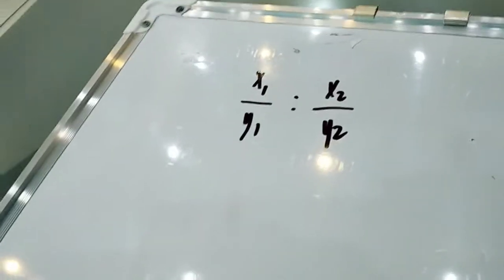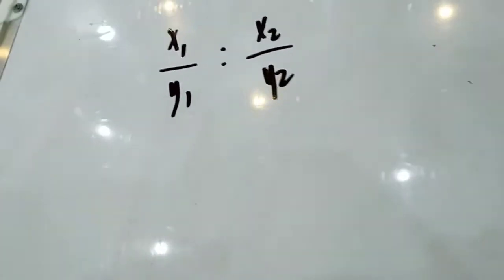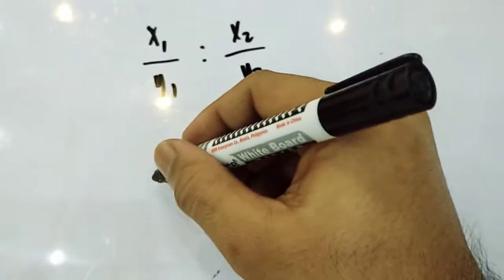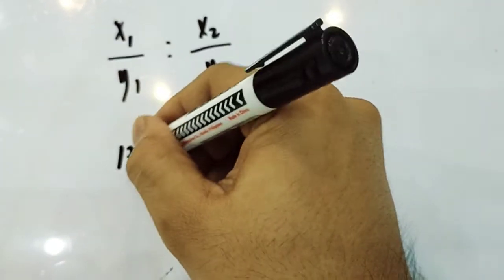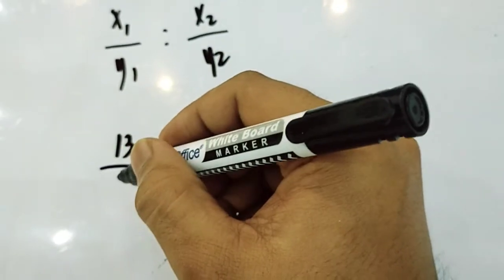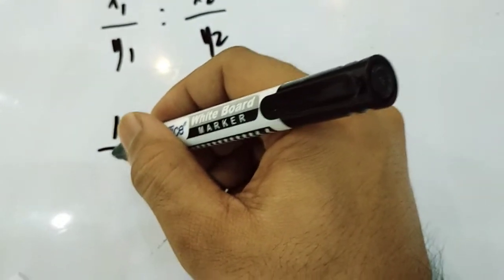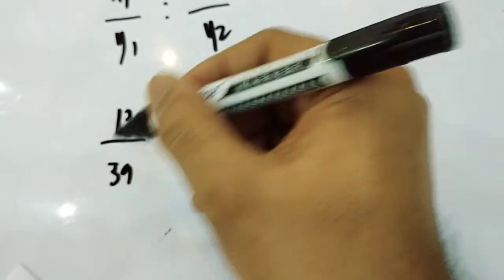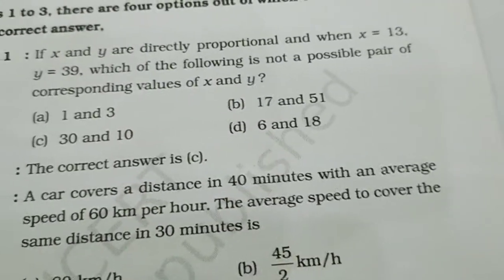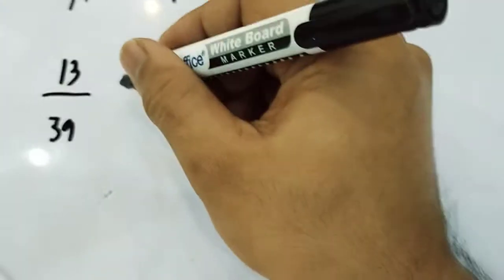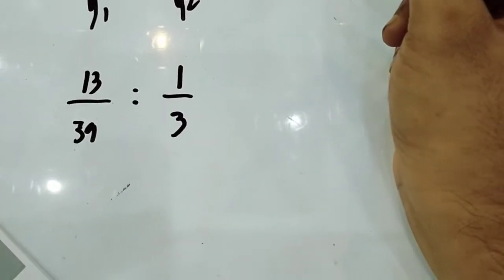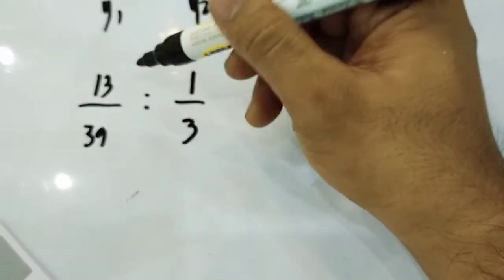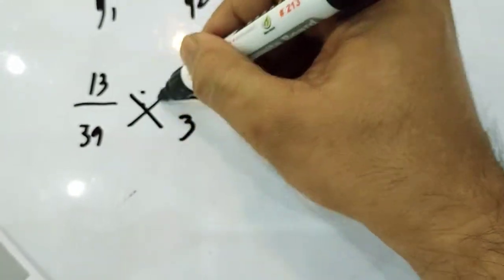So, we have a given dito na x sub 1 is 13 over y sub 1 is 39. So, unang option is 1 is to 3. To check whether they are directly proportional, you just need to cross multiply them.